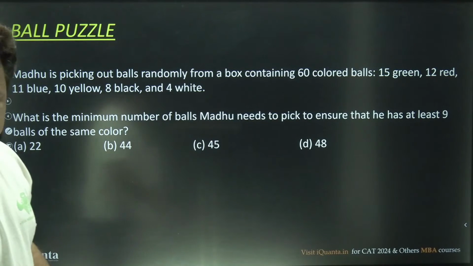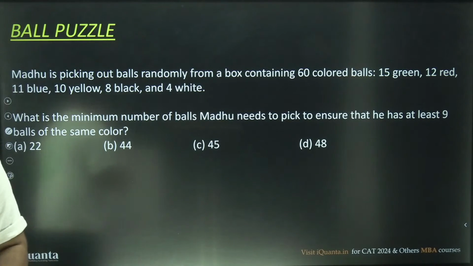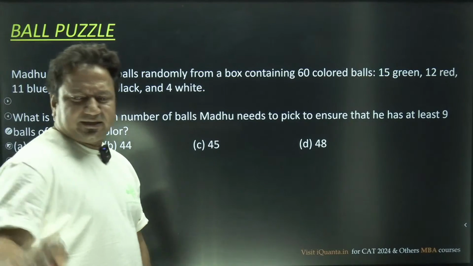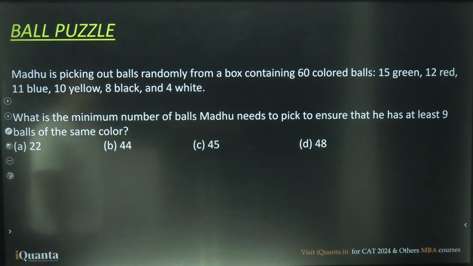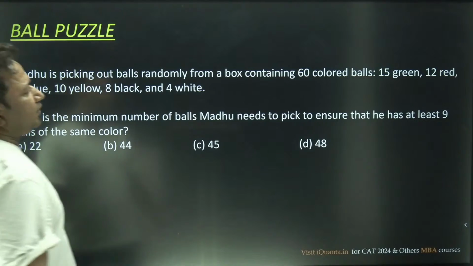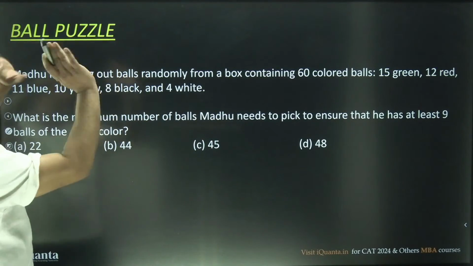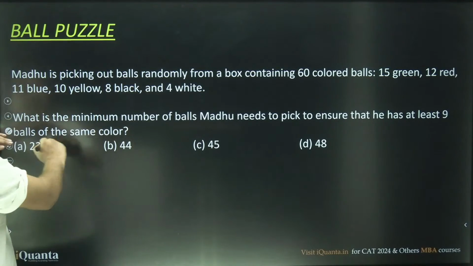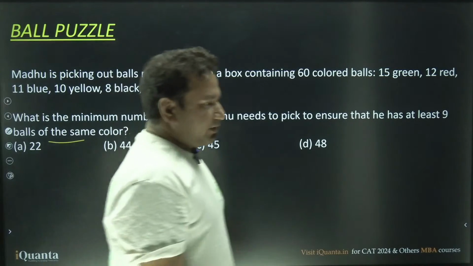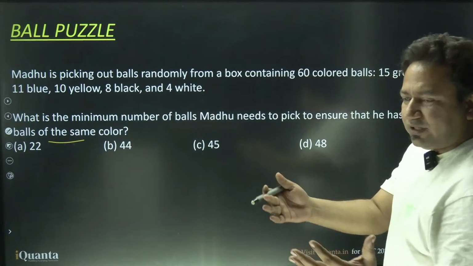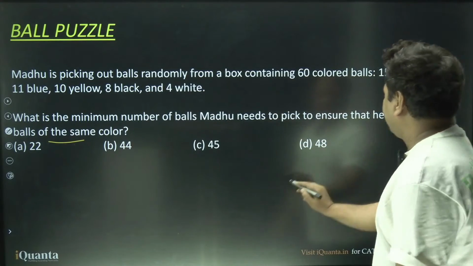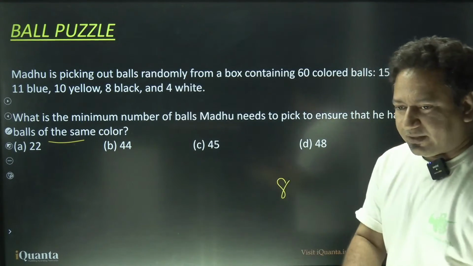Okay. So 45 is correct. Well done, guys. See what is going to happen over here. Let's say I need at least 9 balls of the same color. Let's say I pick 8 balls and all of those 8 were green. I'm assuming.